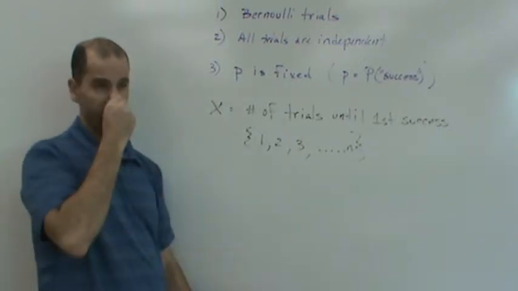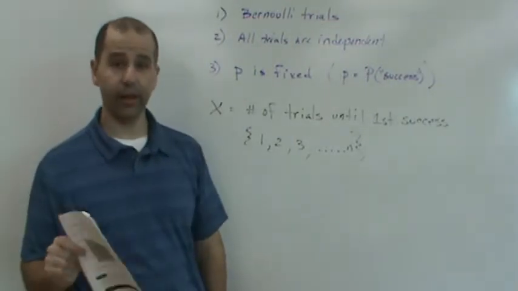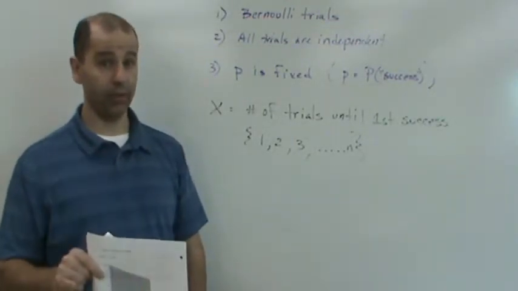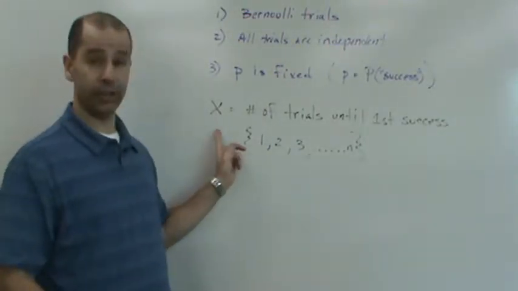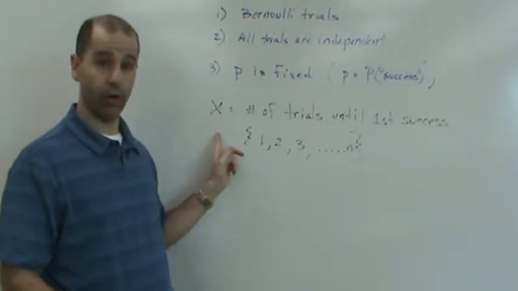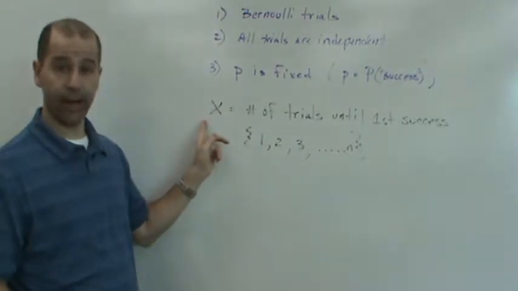Now, a lot of the experiments that we've been doing that are binomial can become geometric by changing x, right? It's a binomial experiment, but we're changing how we're defining x.